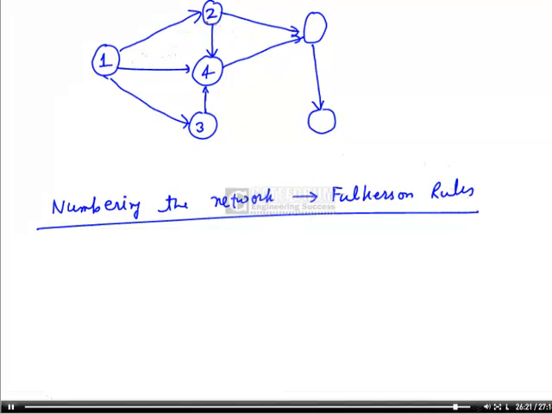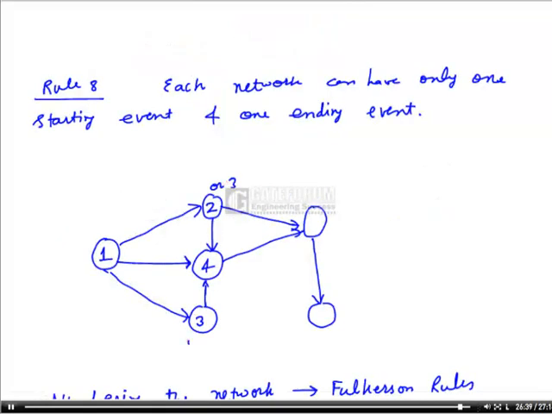This I cannot write as 4, because this event will occur only when 1 to 3 and 1 to 2 have occurred. Therefore this will be numbered after this and this. So I can write this as 3, or this as 2. So this may be 3, this may be 2.